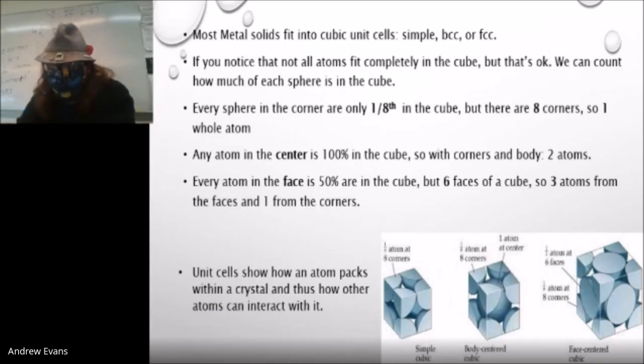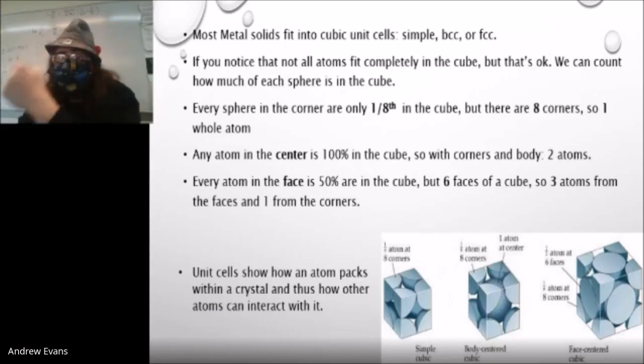Because it's dead center, none of this atom is outside of the box. So a body-centered cubic is 100% in the box, but there's only one body. There's only one dead center. So it is one atom in the body, one atom represented between all 8 corners. So a body-centered cubic has 2 atoms within a unit cell, 2 whole atoms.